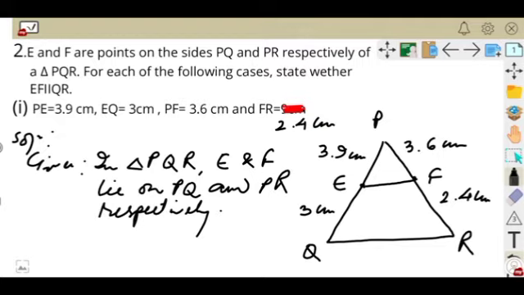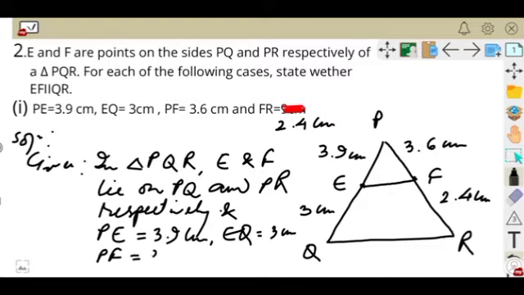And after that, PE is 3.9 centimeter. Next, EQ is 3 centimeter. PF is 3.6 centimeter. And FR is how much? 2.4 centimeter. We have written the given.